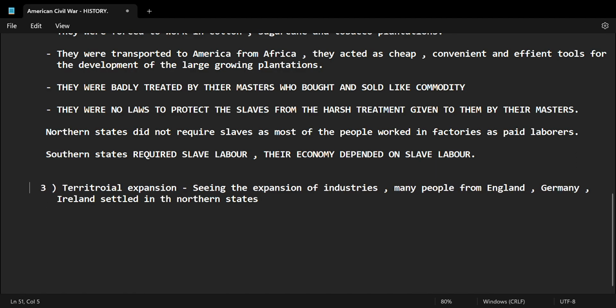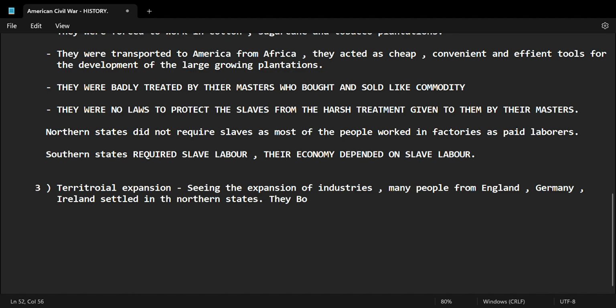These settlers from Europe brought with them scientific knowledge, and contributed to the industrial growth.